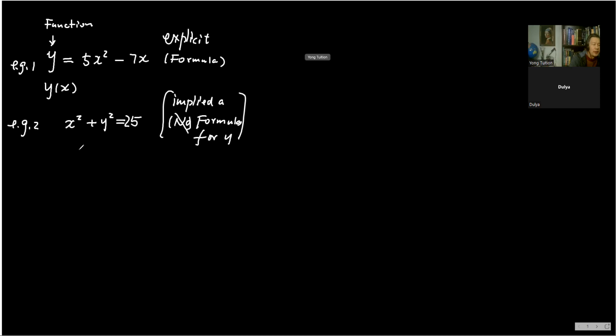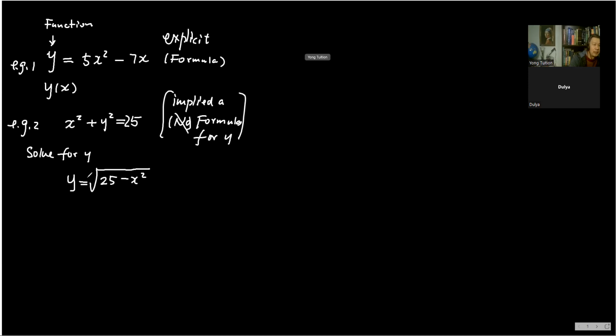For example, if you do want to solve for y, what can you do? Can you try how to solve for y, the formula for y, from this example? Square root of 25 minus x squared. That's right. You take the 25, subtract x squared, and take the square root, right?